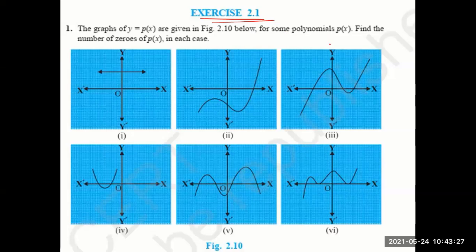This is for homework. I'll send this pic also in the app. Then you can solve it. If you are having a textbook also, you can refer. So please remember, exercise 2.1 is homework. After the notes, you solve this exercise and continue with the next notes. Is it clear?